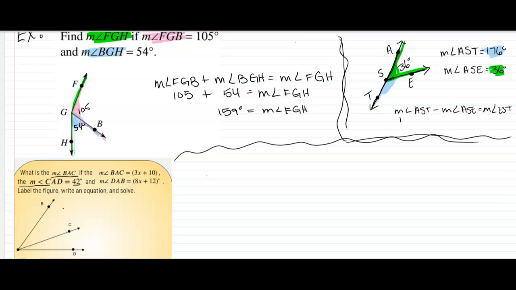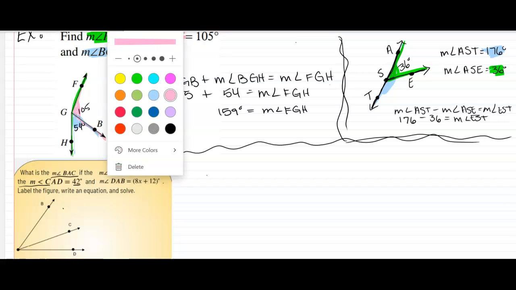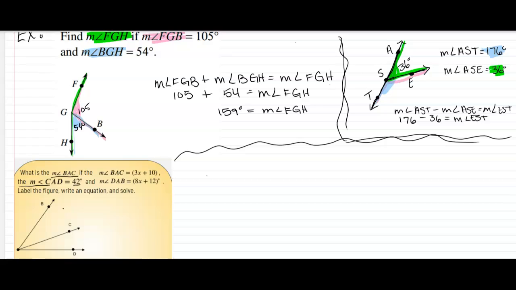So we would say 176 minus 36 gives us the measure of angle EST, which is this angle right here, and that gives us, I'm sorry, 140 degrees is equal to the measure of angle EST. So this is 140 degrees.